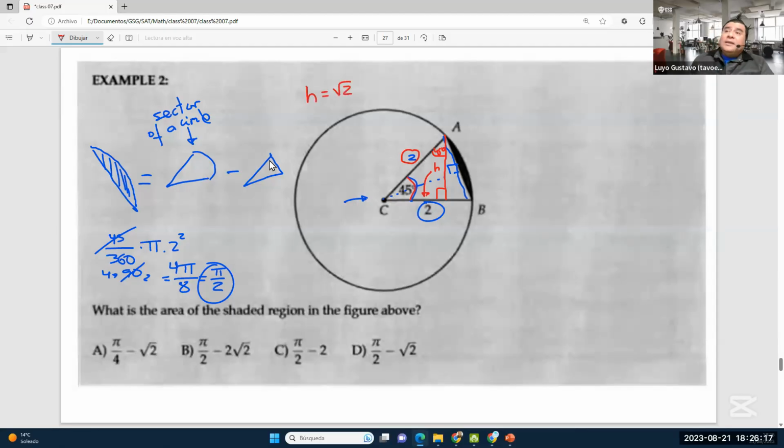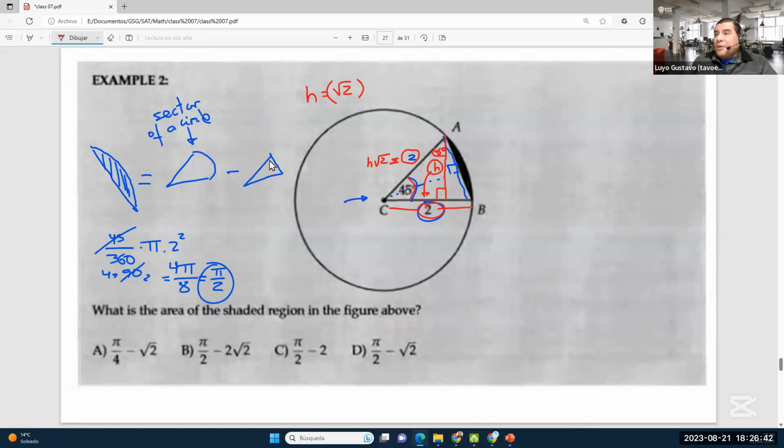That is to say, a number that multiplied by the square root of 2 would be also 2, right? This one should be h multiplied by the square root of 2, according to the properties of the isosceles right triangle. So h is square root of 2.